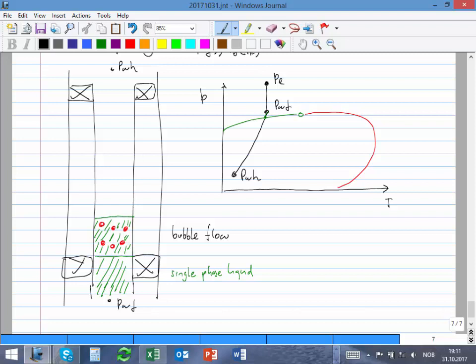If you continue going down this road, then you will see that these bubbles start to become bigger and bigger, and they start to coalesce and form bigger bubbles. This we also call some kind of bubble flow.